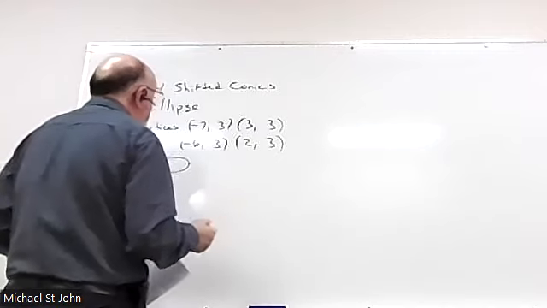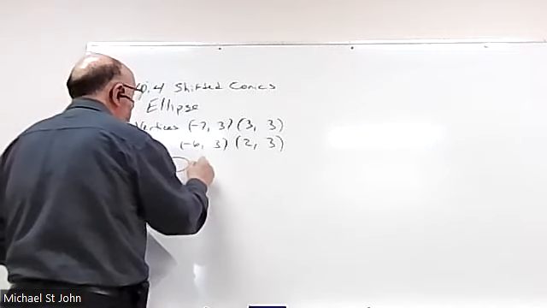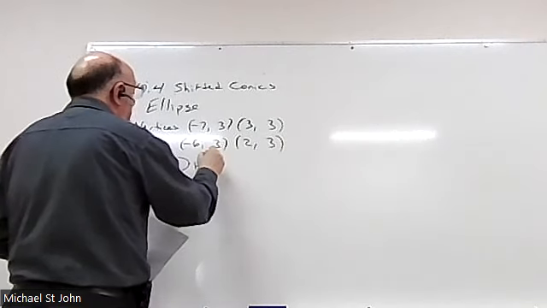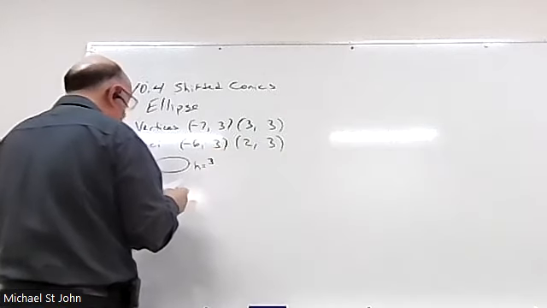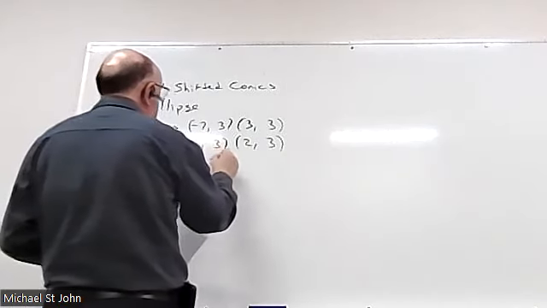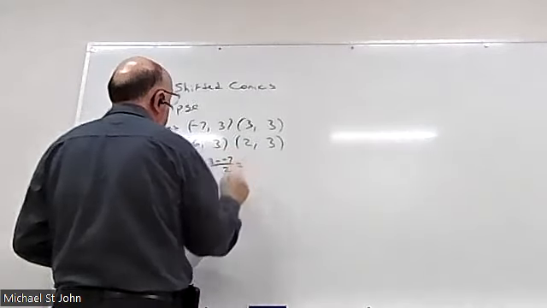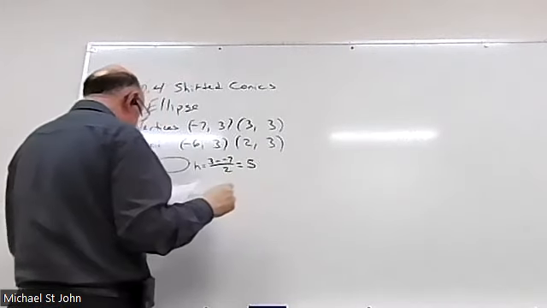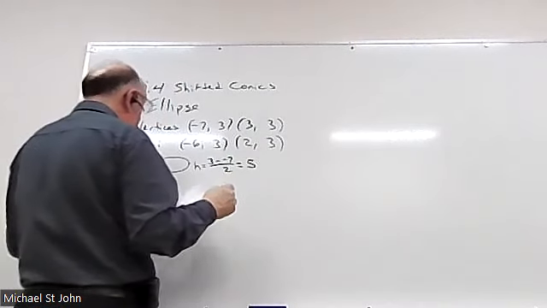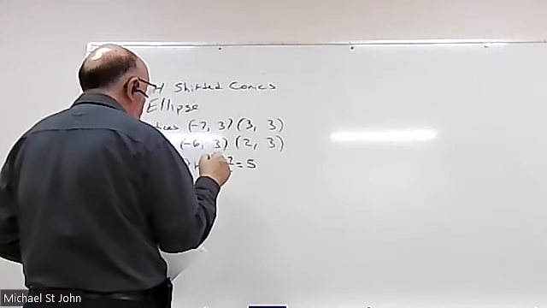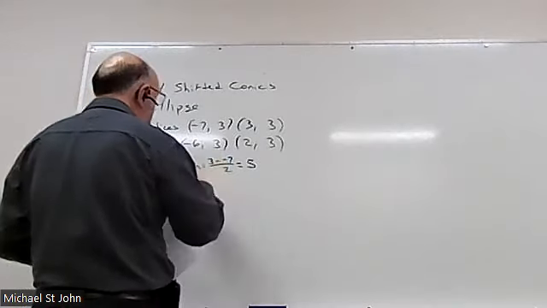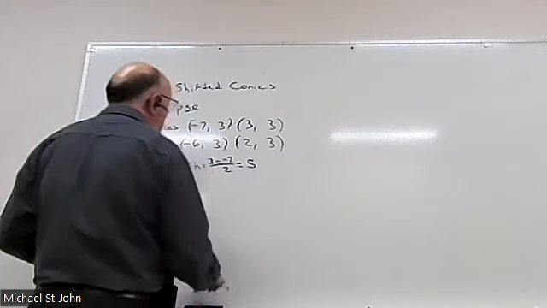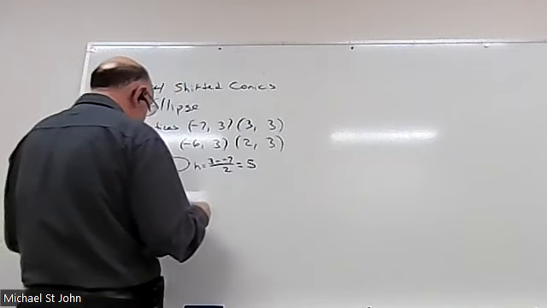The h is going to be the midpoint of the x-coordinates, 3 minus 7 over 2, and the k is the halfway point.